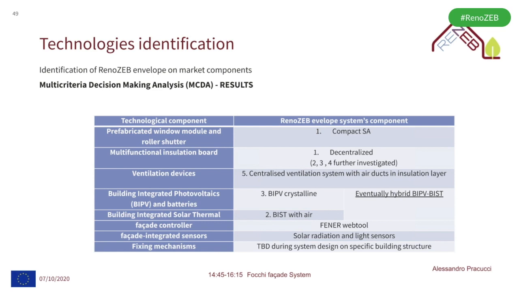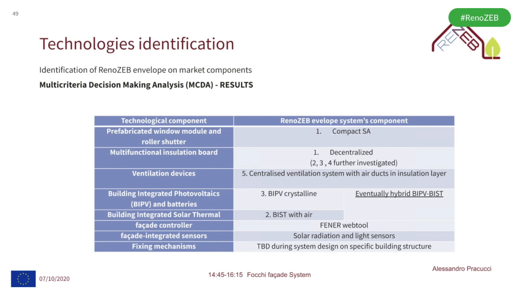So the identification of technologies can be summarized in this table, where you see the main components we define to be integrated in the facade. There is a monoblock for the windows, able to install different typologies of window independent of the finishing of the window frame and independent of the glass typology, so able to meet different climate condition expectations with a single frame solution, able to integrate everything.